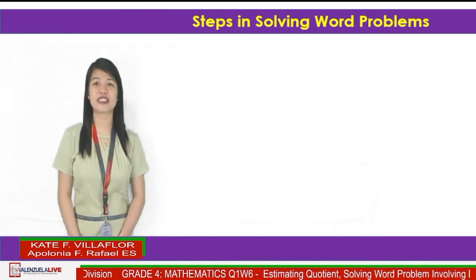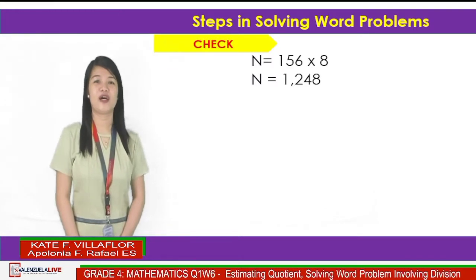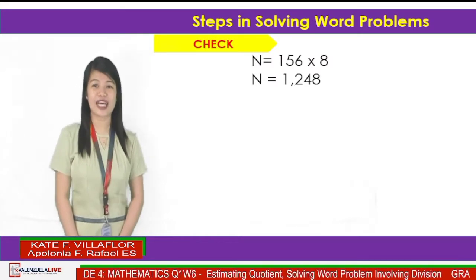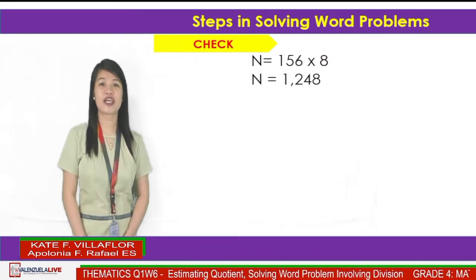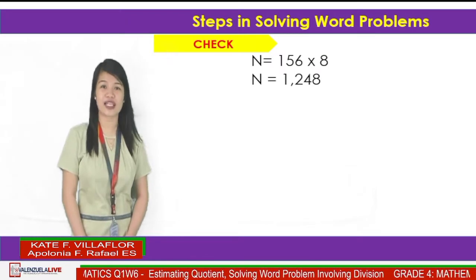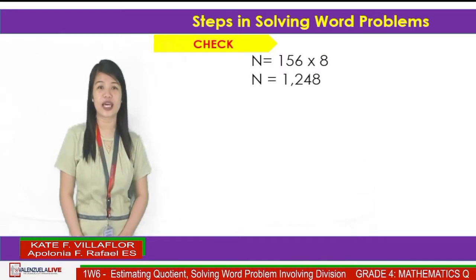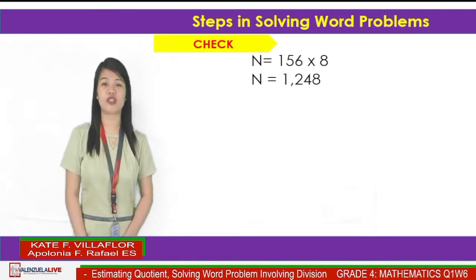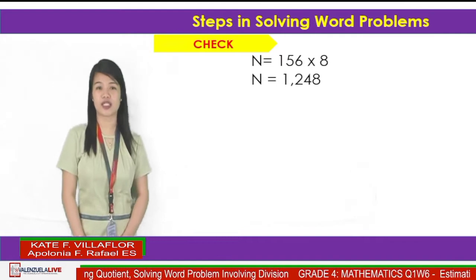Let's check this. Let's have 156 times 8. The answer is 1,248. You're going to multiply the quotient and the divisor to check if the answer is correct.